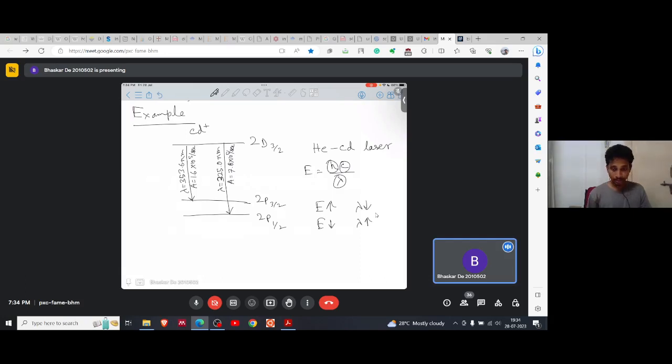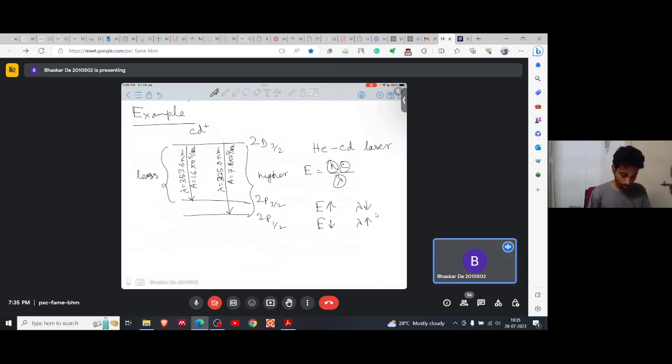So the energy difference between these two states is comparatively less, and between these two states, 2D 3/2 and 2P 1/2, it is higher. So basically the lambda will be lower for this one.